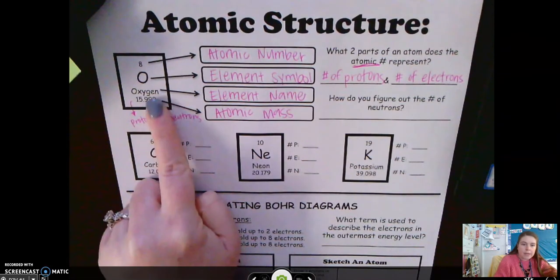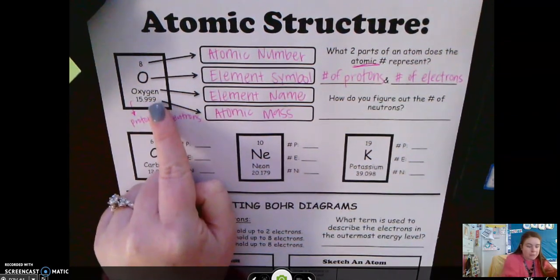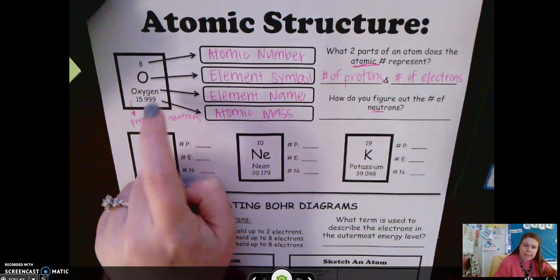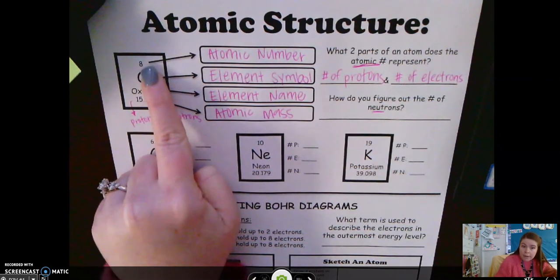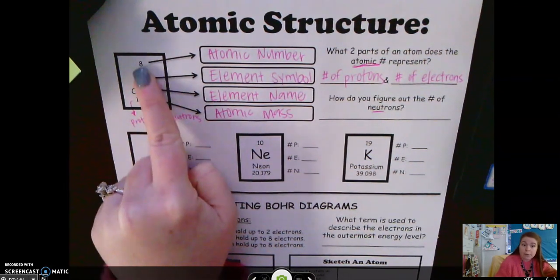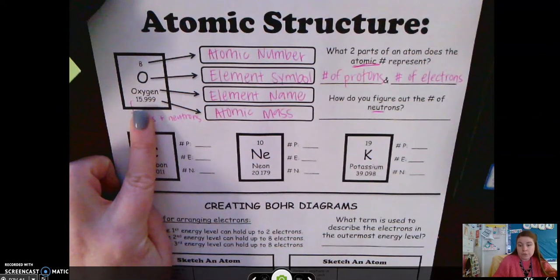So every time I look at a symbol like this and I see this number down here, I know that if I'm looking for the number of neutrons, all I need to do is take that atomic mass and subtract the atomic number, subtract the number of protons. Because if I take out the number of protons, now all that I'm left with is the number of neutrons available.